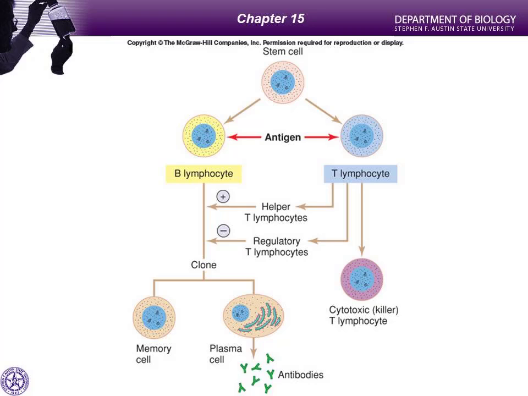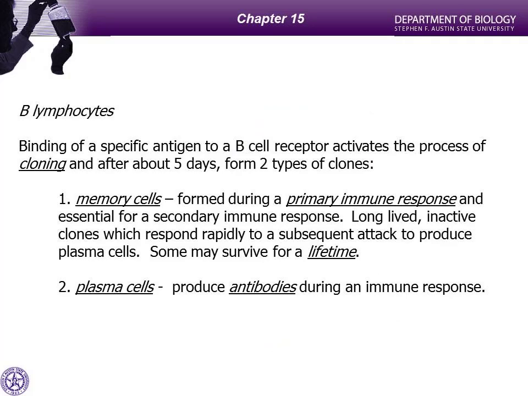But they also can produce memory cells, which are the cells that are inactive and just kind of waiting for a subsequent exposure somewhere down the line. Maybe next week, maybe next month, maybe 30, 40 years later. That's what gives us the ability to remember a pathogen that's been seen before.